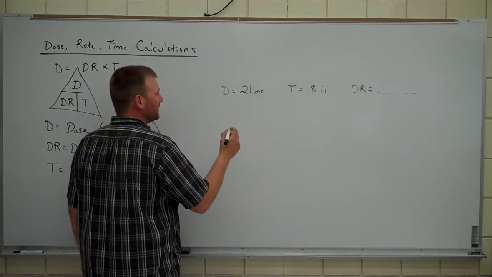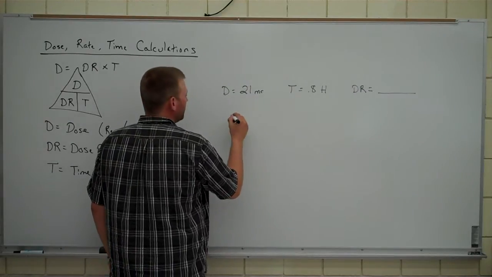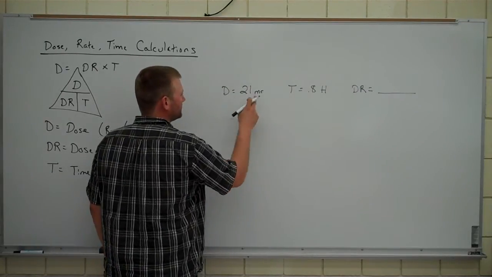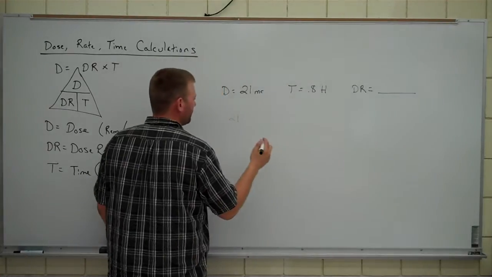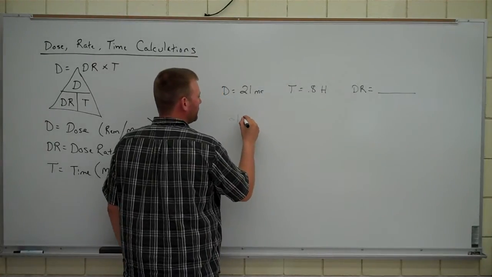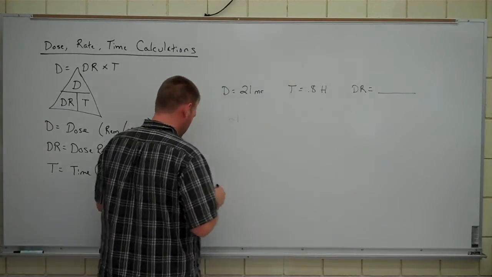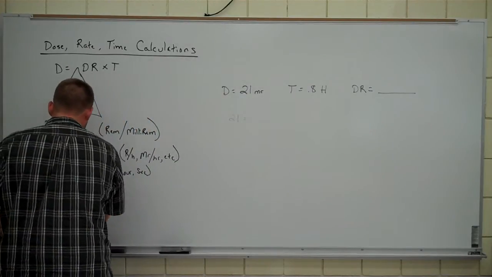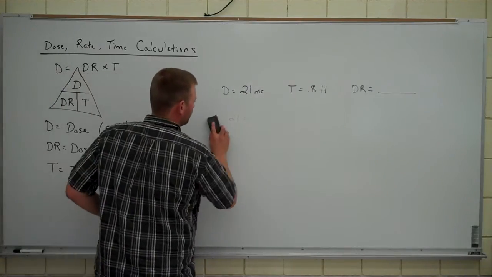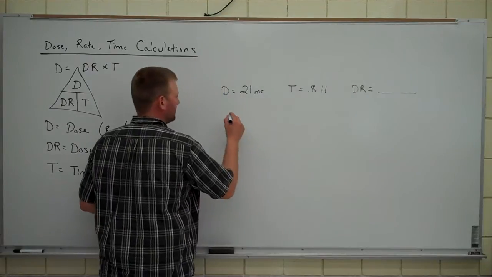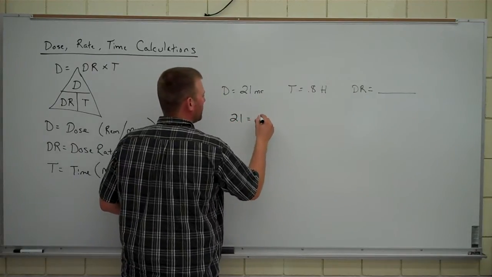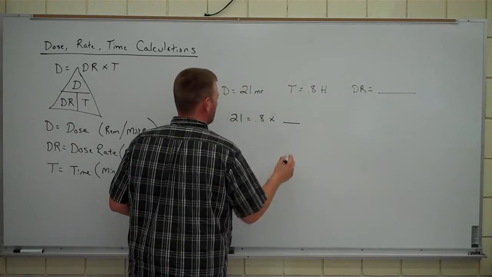We're going to plug this into the calculation here and say, if we've got 21, this is MR, this is hours, simple enough we can leave them alone. Okay, 21 equals 0.8 times whatever.